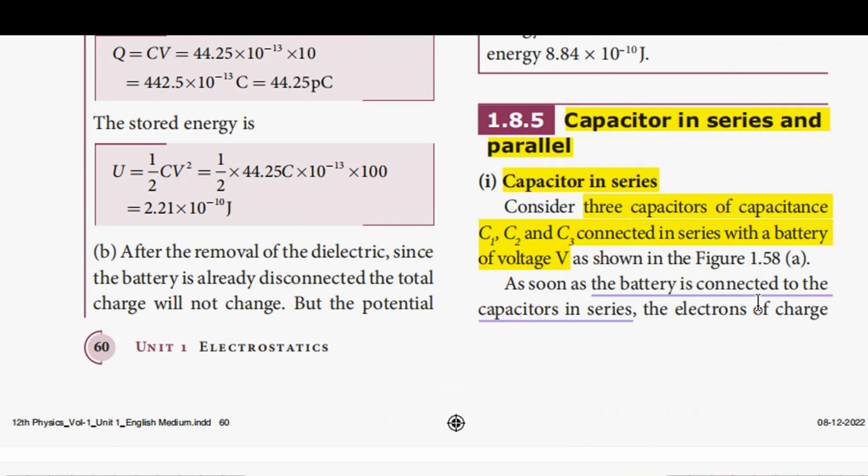Next, we are going to study about the capacitors which are connected in series and in parallel. In the first case, let us study about the capacitors which are connected in series.